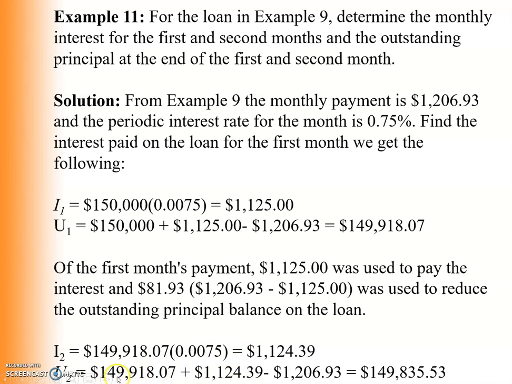Now this amount, the previous balance plus the interest accrued in this month, and then minus the amount which was paid, will be the balance, $149,835. In this way, at the end of each month, the outstanding balance can be calculated, and this type of calculation can be done very conveniently in Microsoft Excel.